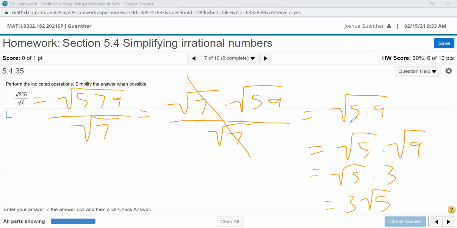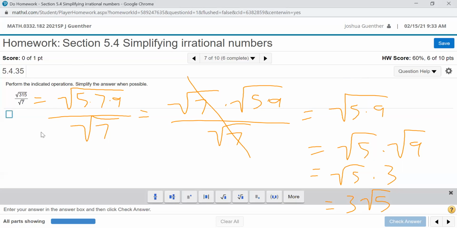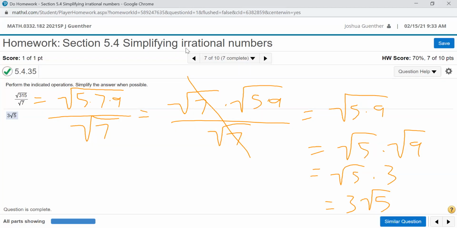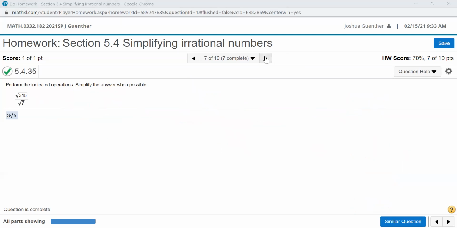So this just becomes 3 square roots of 5 overall. So 3 square roots of 5.